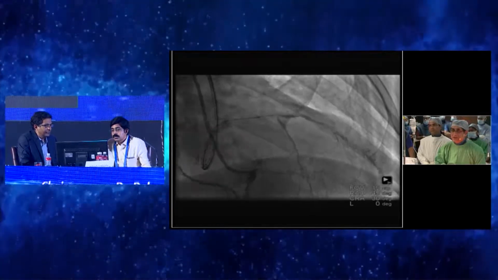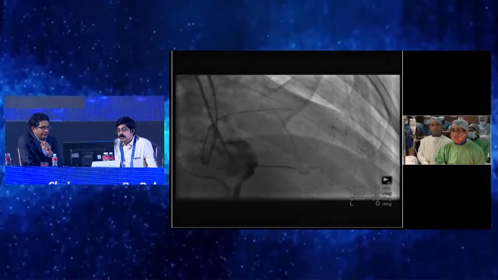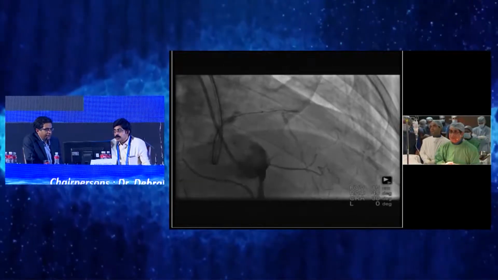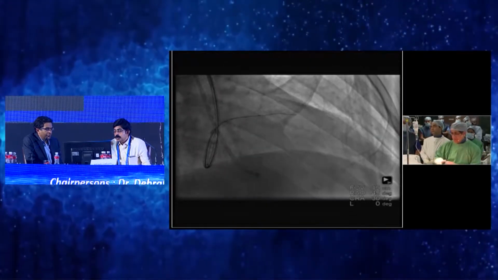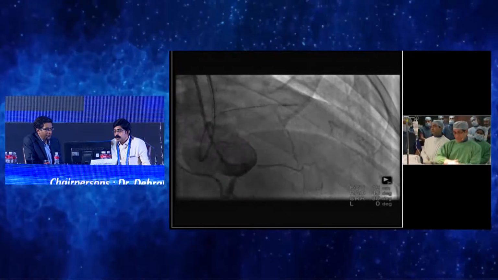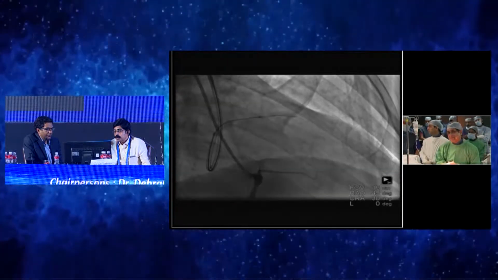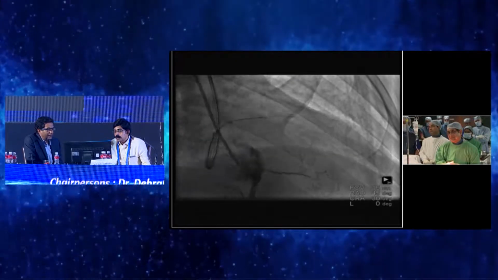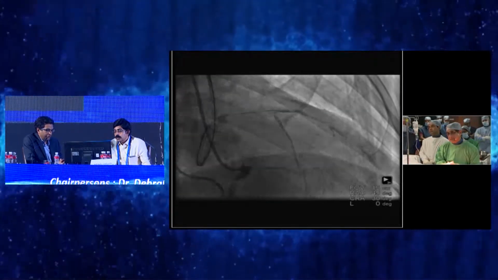Any comments up till now? So yeah, yesterday in the NIC data also, we saw that even though, as you said, the percentage of CTOs is lower, the usage of microcatheters was almost, I think, 70%, if I'm not mistaken. Yes, 66%.